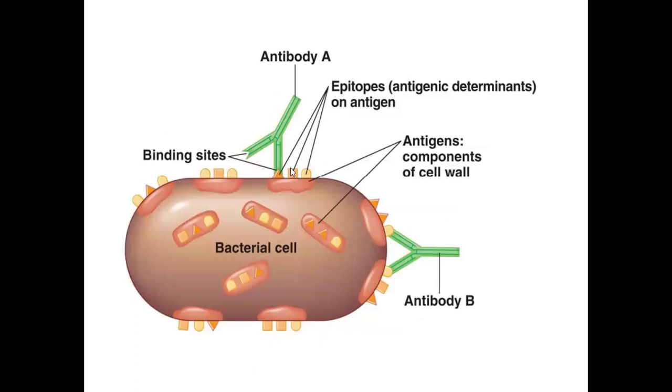And also on this picture, you can see a bacterial cell. This bacterial cell has different antigens, these antigens have epitopes, and antibodies also interact with epitopes.